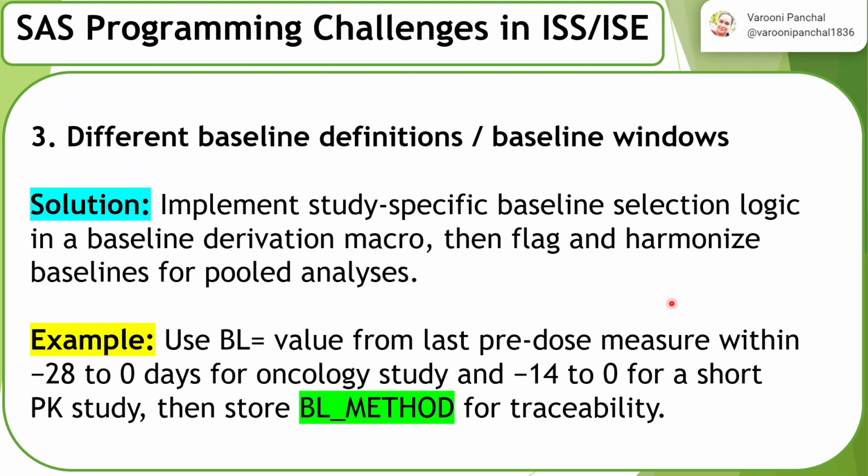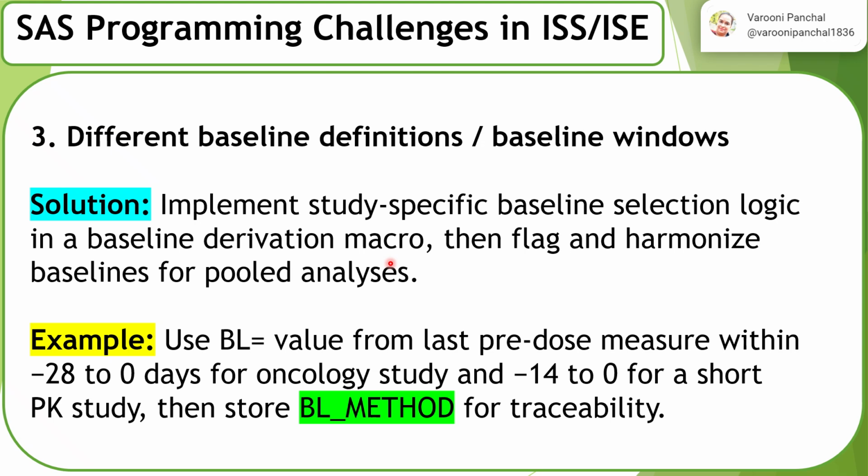In the ISS and ISE study, you will be using the pooled baseline definition. Now, you have achieved that baseline definition theoretically. Practically, how do you achieve that? You can create your own macro. Your baseline window periods are different, so you can consider whatever formula was used in studies 1 through 12, whichever individual studies are there.